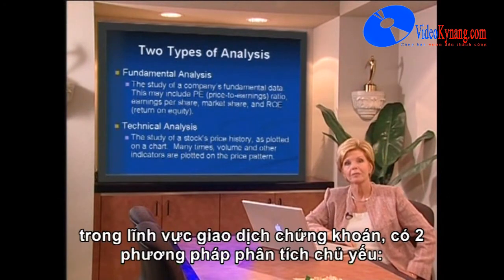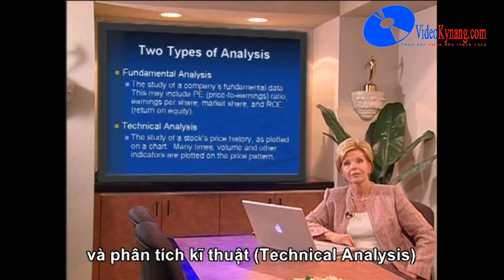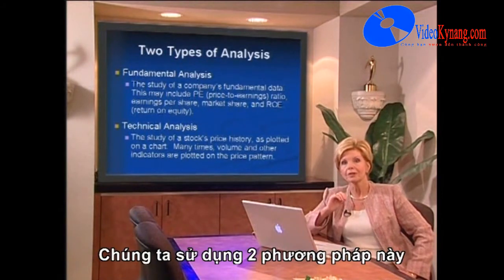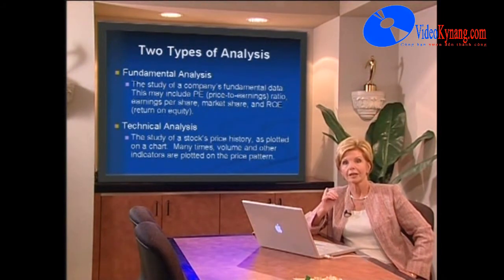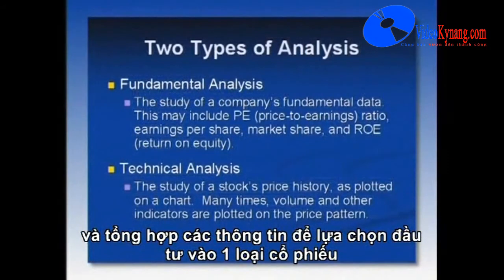There are two basic types of analysis, fundamental analysis and technical analysis. We use these two different kinds of analysis and combine the information in order to make a decision as to whether or not we want to invest in a company's stock.